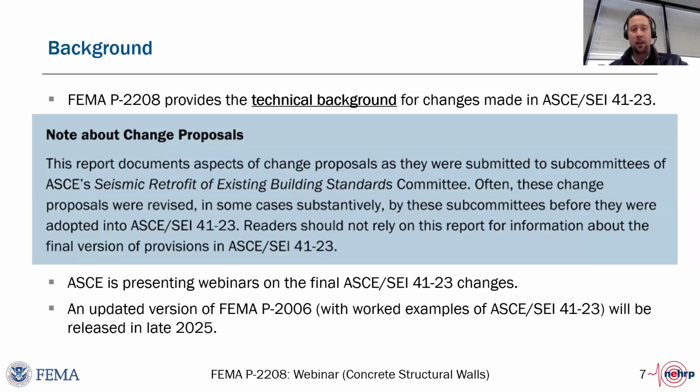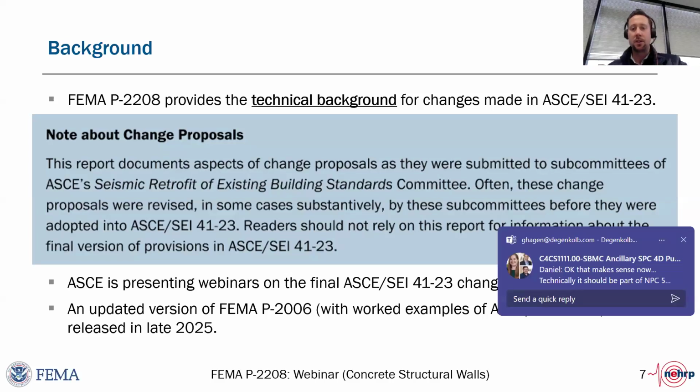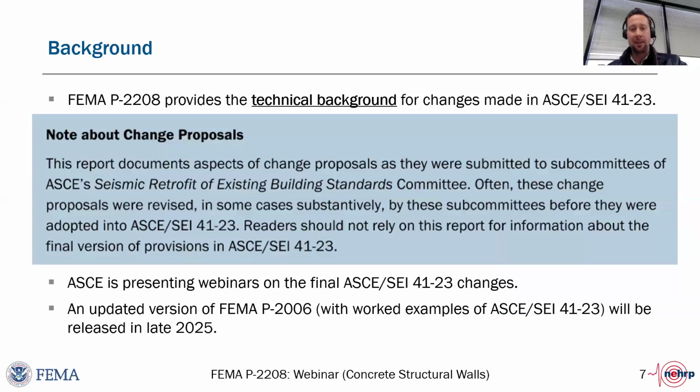So I would recommend that you look at this as a reference, especially if you're having questions on some of the background there on concrete walls and some of the other working groups I mentioned. There's some good substantive language there that would be valuable in understanding the intent of the provisions.